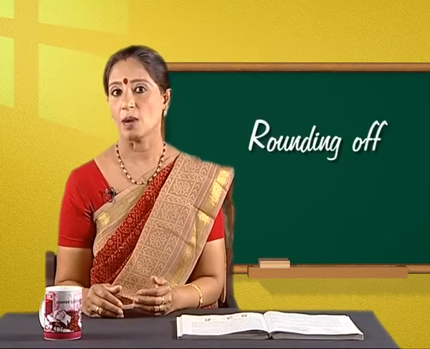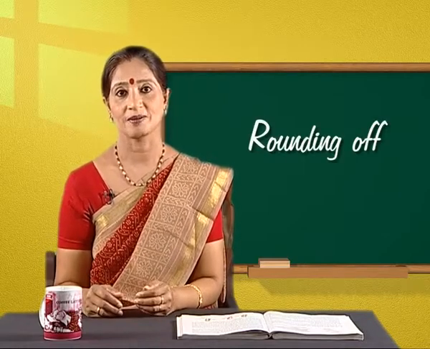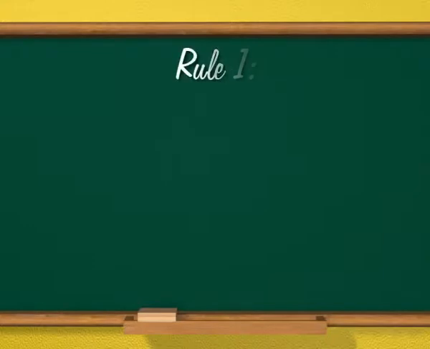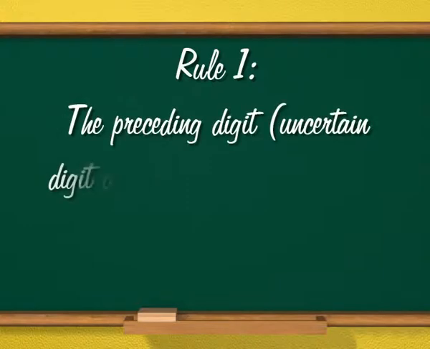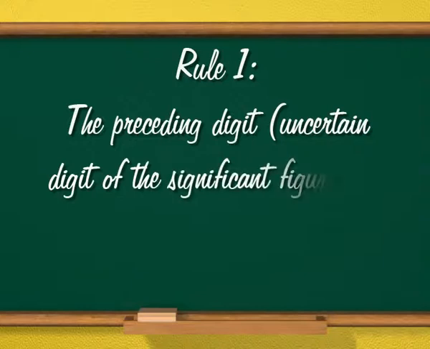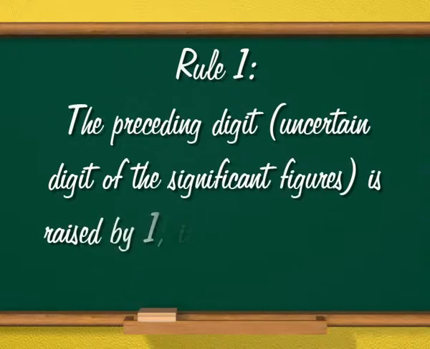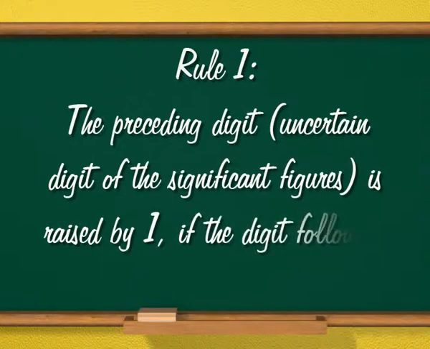The first rule for rounding off: an uncertain digit, that is the preceding digit, the uncertain digit of the significant figures, is raised by 1 if the digit following it is more than 5.